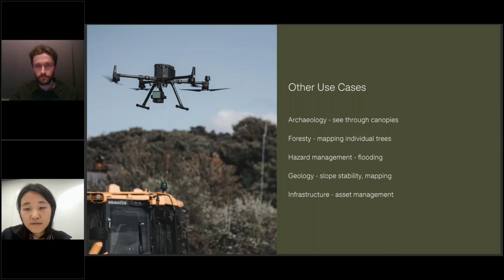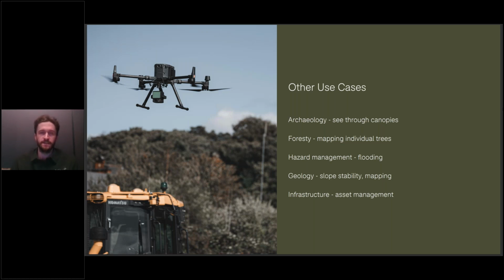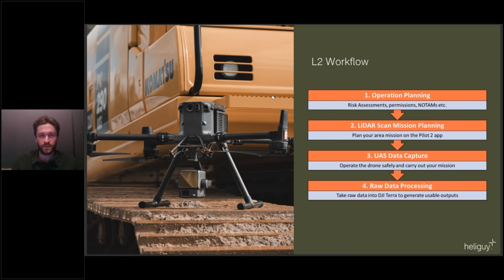Okay, so now that we've gone through the case studies, you're looking at how you integrate this yourself. So this is a little idea of the kind of process that you might go through to start off a mission. So first of all, you want to ensure your operation is planned.